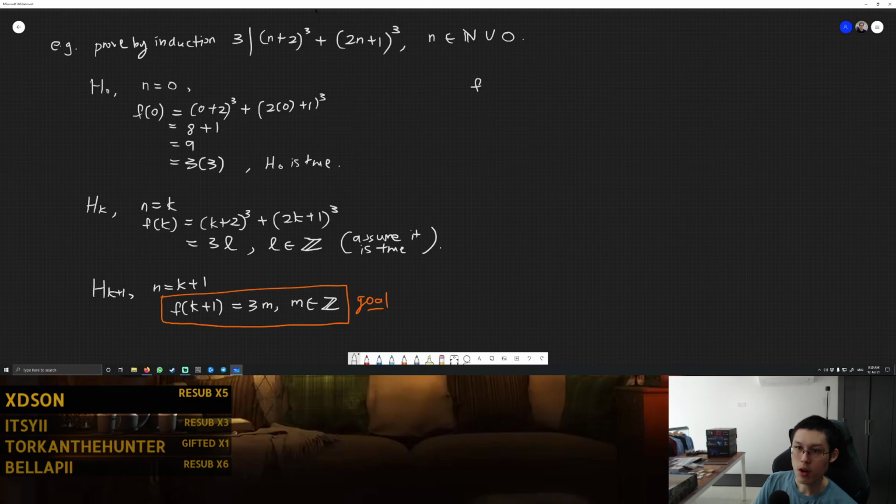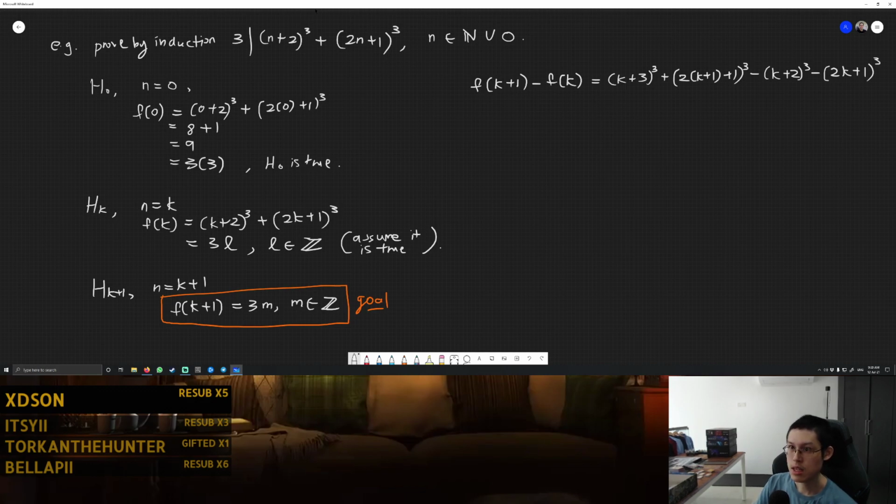And the way we go about doing that is by taking the difference, like what we have been doing the last 3 examples. So f(k+1) is going to be, where is f(k+1)? (k + 3) cubed plus (2k + 1) cubed, and then minus that with (k + 2) cubed, minus that with (2k + 1) cubed.